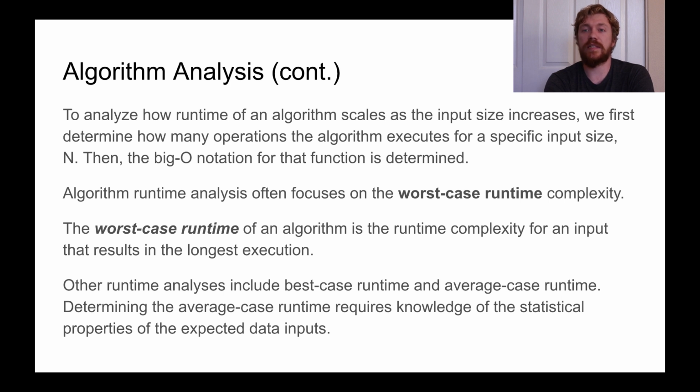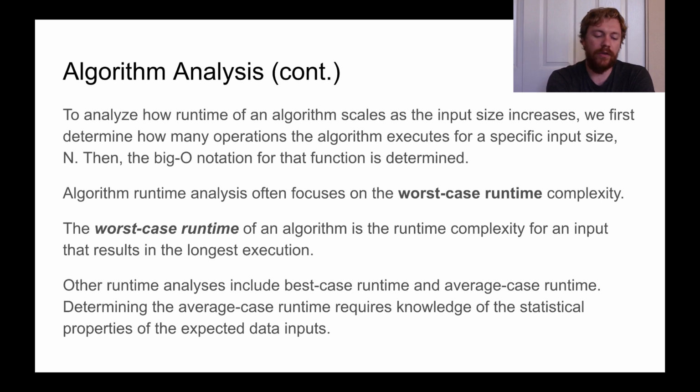We'll look at an example of this in a second. Algorithm runtime analysis often focuses on the worst case runtime complexity, which is why we're looking at big O notation, the worst case scenario. The worst case runtime of an algorithm is the runtime complexity for an input that results in the longest execution.